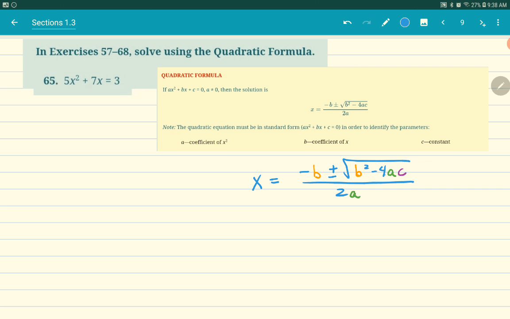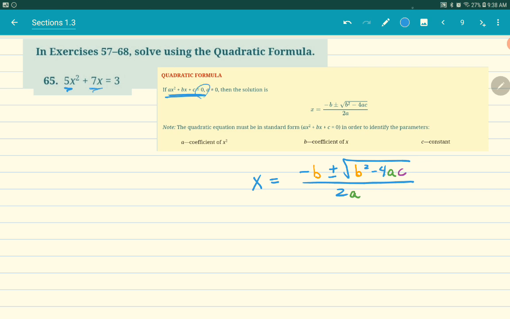So the first thing is get this in standard form. That means I need to get all the x squared terms together on the left. They're already together and on the left, check. And then I have to get all the x terms together on the left, and they are, with the 7, check. And then I need to get all the constant terms on the left and set it equal to 0.